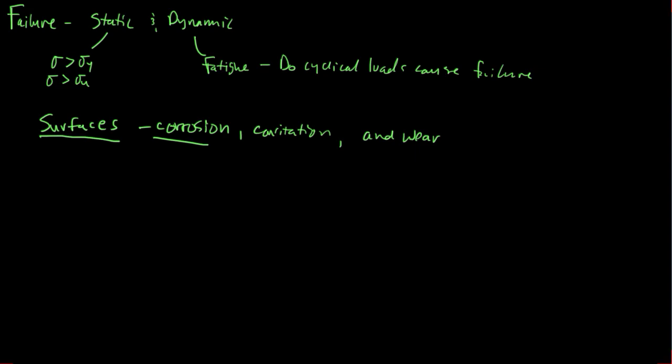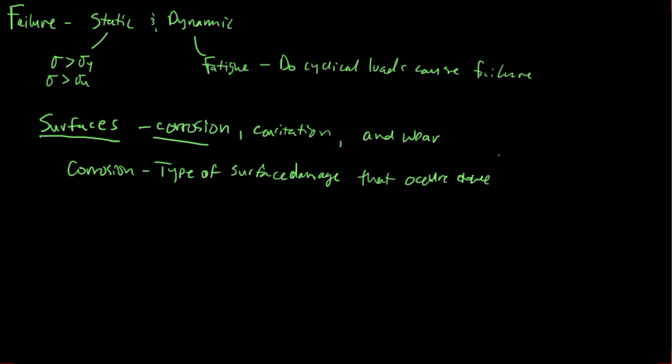Corrosion is a type of surface damage that occurs due to chemical and electrochemical mechanisms.